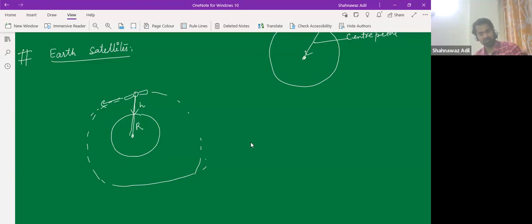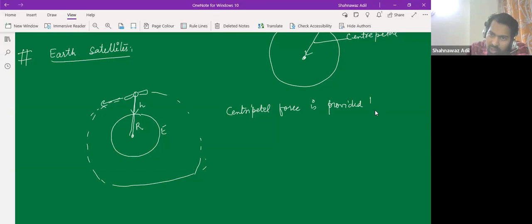Guys? Gravitational. Yeah, so the gravitational force of attraction, right? Because this Earth is pulling this satellite towards it, but it is moving in a circle, so there must be some force acting towards the center. So the centripetal force is provided by the gravitational force.